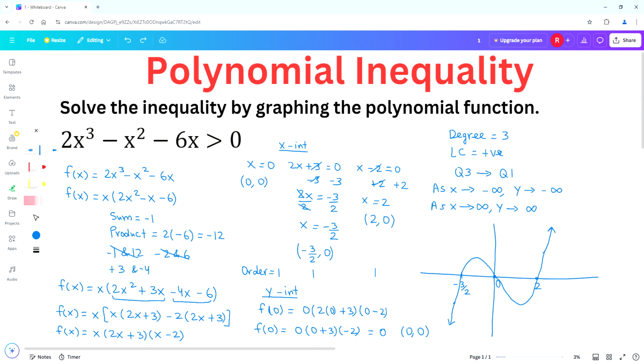So the solution for this inequality in inequality notation can be written as, in interval notation, we can write this solution as, this should be the final answer for this problem.